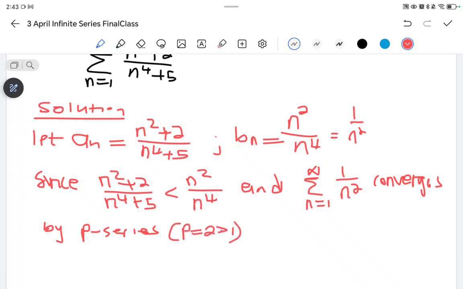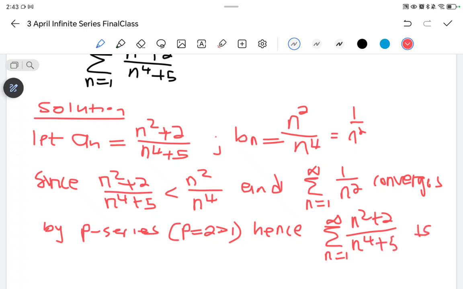Hence, also the summation of n equals 1 to infinity of A of n, which is n squared plus 2 over n to the 4 plus 5, is also convergent, or also converges, by comparison test.